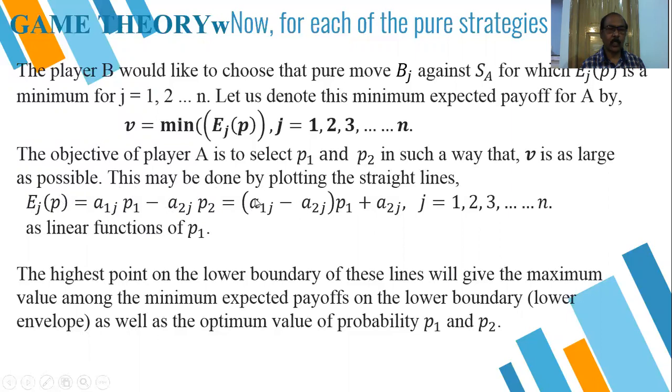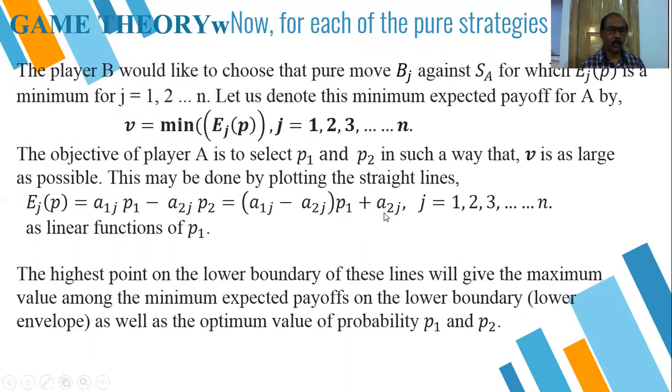So this is A1J minus A2J into P1 plus A2J, where J is equal to 1 to N, as a linear function of P1. Since this is an equation, it is a function of P1 only.